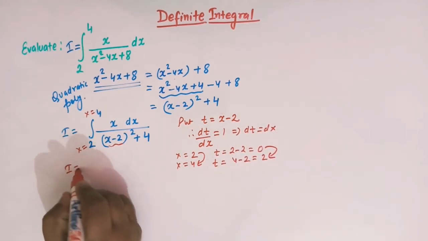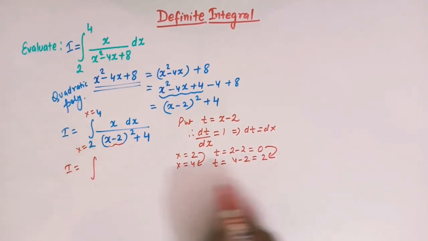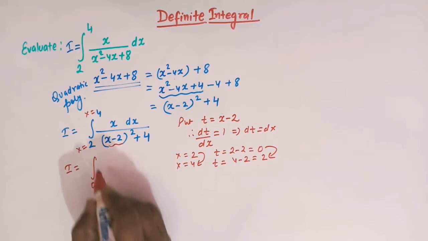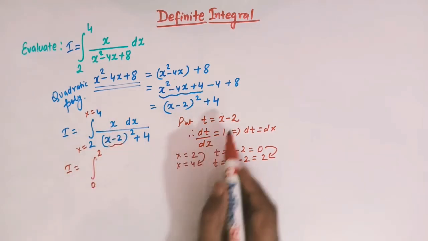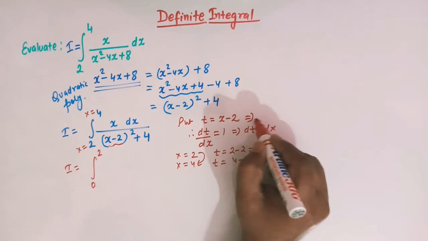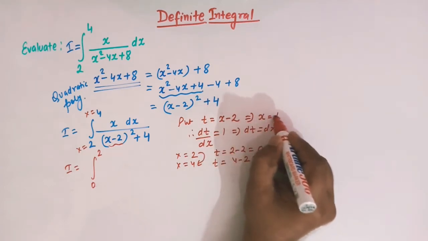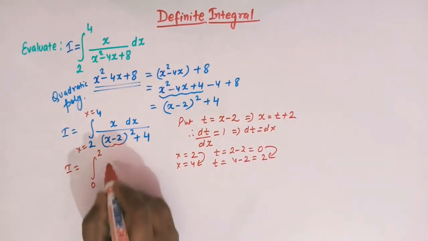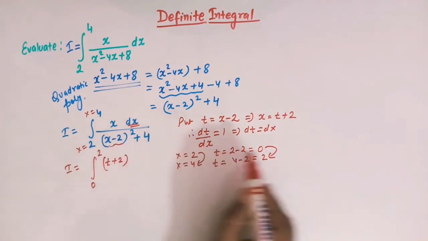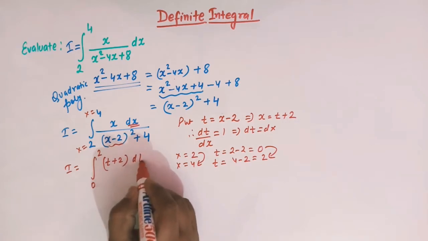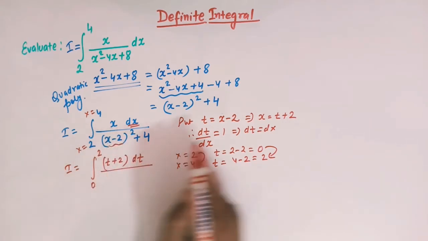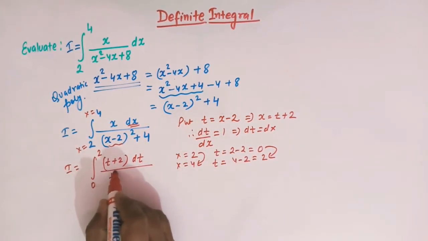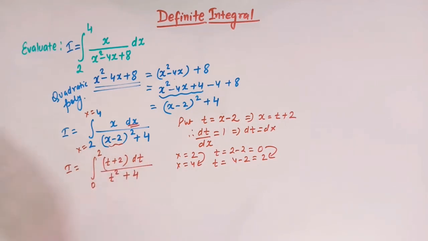Now we have I is equal to integral from 0 to 2, and for x we can write x is t plus 2, so we have t plus 2 here, for dx we have dt, and for x minus 2 we have t, so this is t square plus 4.